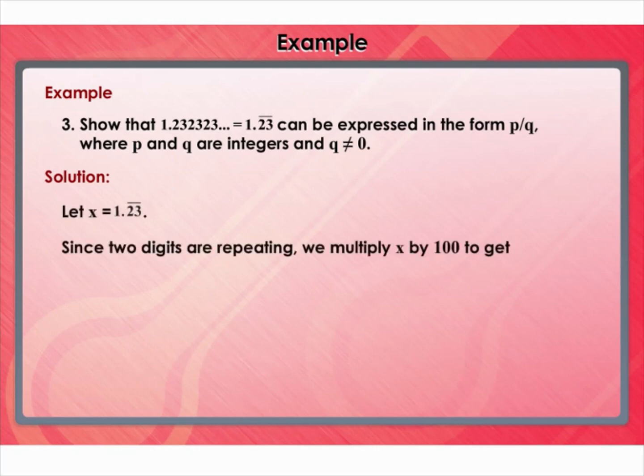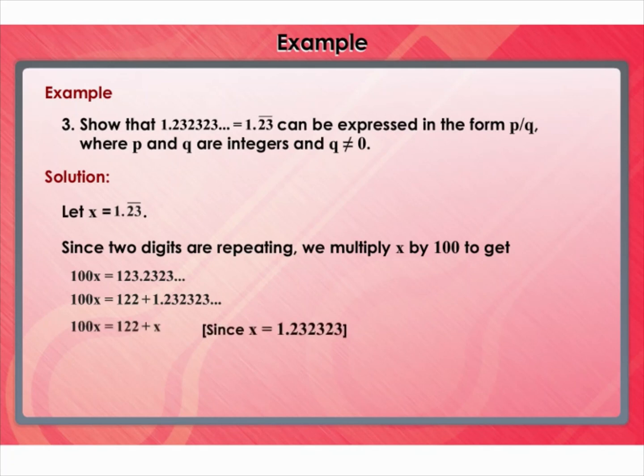Since two digits are repeating, we multiply x by 100 to get 100x is equal to 123.2323, etc. This we can also write as 100x is equal to 122 plus 1.232323, etc. So 100x is equal to 122 plus x, since x is equal to 1.232323, etc. Solving for x, we get 100x minus x is equal to 122.